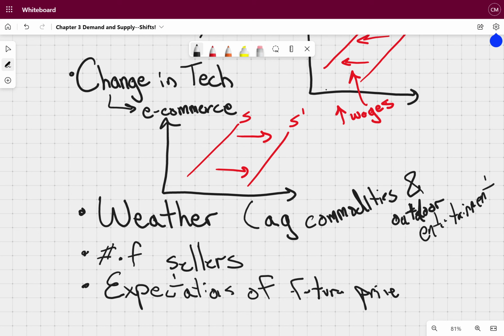If you are a producer of that good and it doesn't go bad and you think the price of it's going to increase, wouldn't you hold off and sell it later? So if you think the price is going to increase in the future as a seller, that's going to shift your supply inwards, right? You're going to hold on to that inventory. Whereas if you think the price is going to decline, that's going to have a shift outwards in supply because you're going to get as much of that product for the price right now as you can sold.